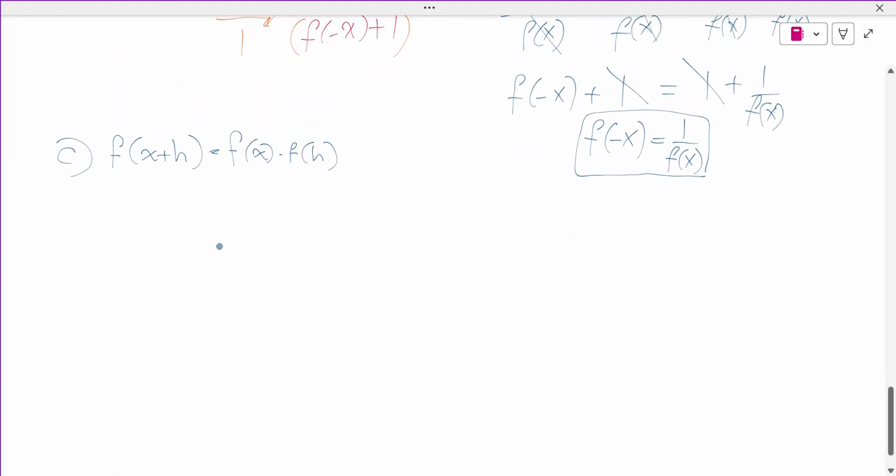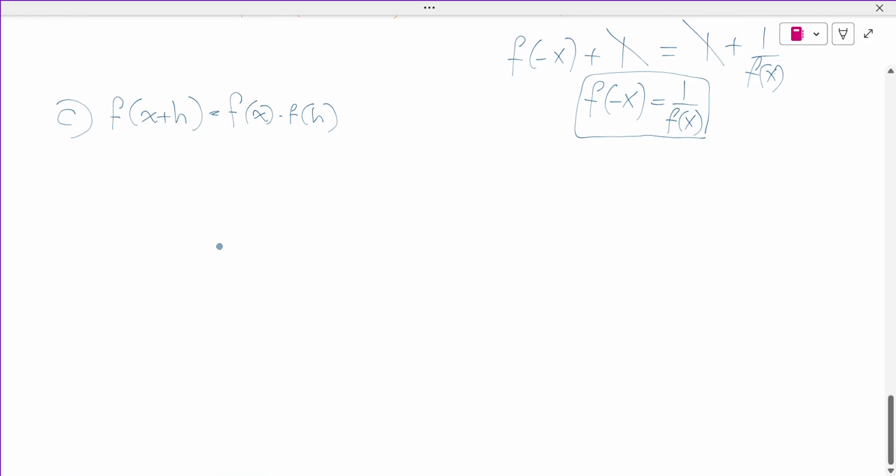So, we will go back to the given function in the question, which is f of x plus h equals f of x plus f of h all over f of minus x plus f of minus h.